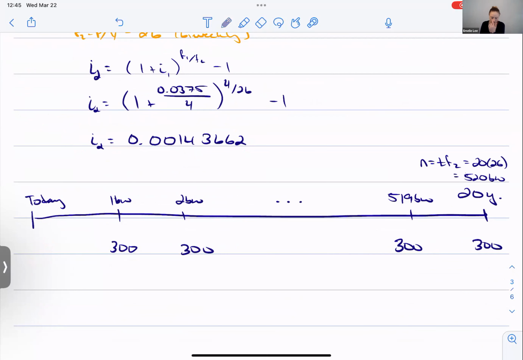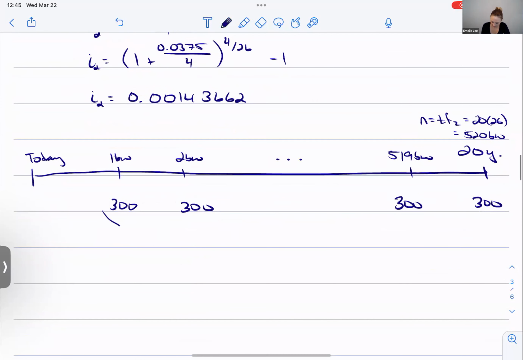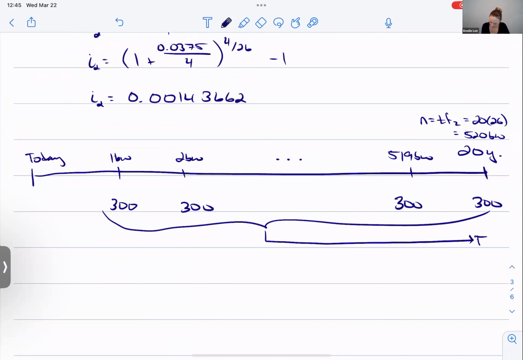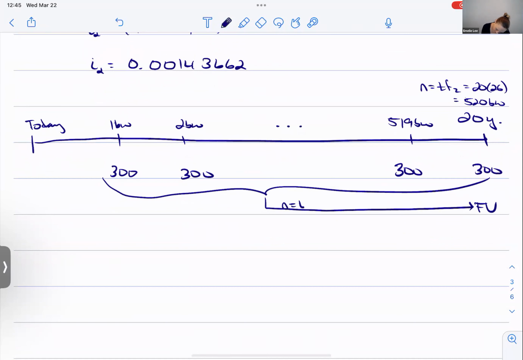They would have started with some amount. But here they want to know how much will they have at the end, which is a future value. And here I'm just going to put N as time times F2, which is 20 times 26, which is 520. I've already solved for I2, so I already have I, so I don't need to jot that down here.